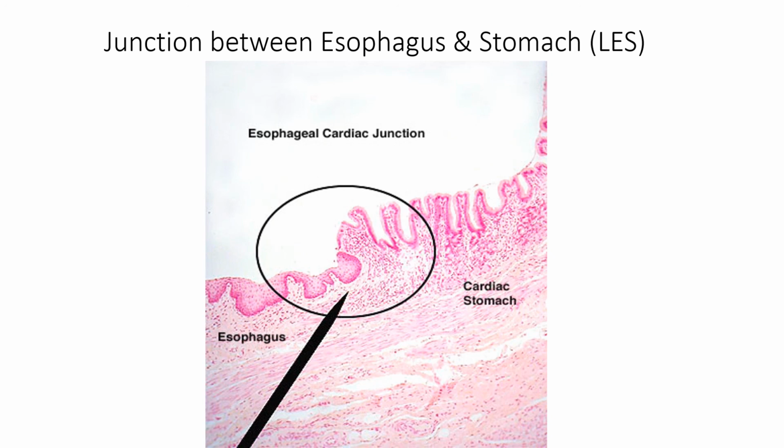Notice here in the esophagus, you're looking at stratified squamous epithelial tissue. Right here it abruptly changed. And then you've got simple columnar epithelial tissue that now forms these gastric pits. So that is actually the junction between the esophagus and the stomach. Not technically the sphincter, but rather a tissue shift from one type to another.